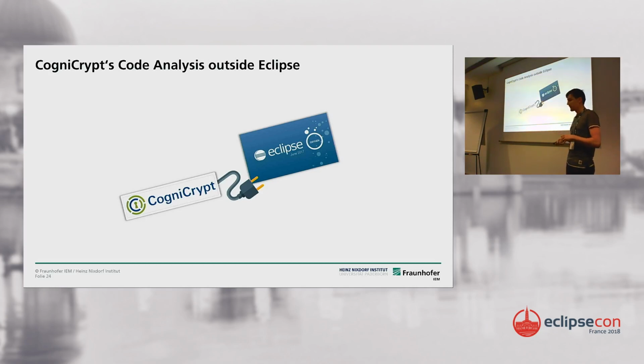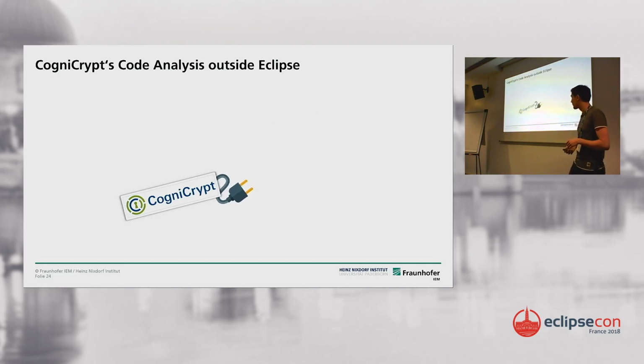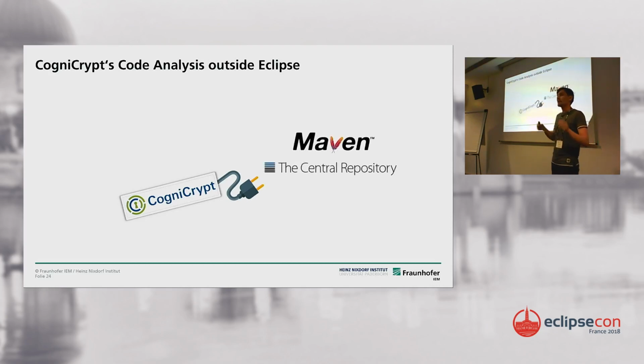As part of this integration into Eclipse, we are also able to run the static analysis outside of Eclipse, and that's what we did in one study that we recently performed. Instead of running the static analysis on software in the IDE, we ran it on the Maven Central repository.